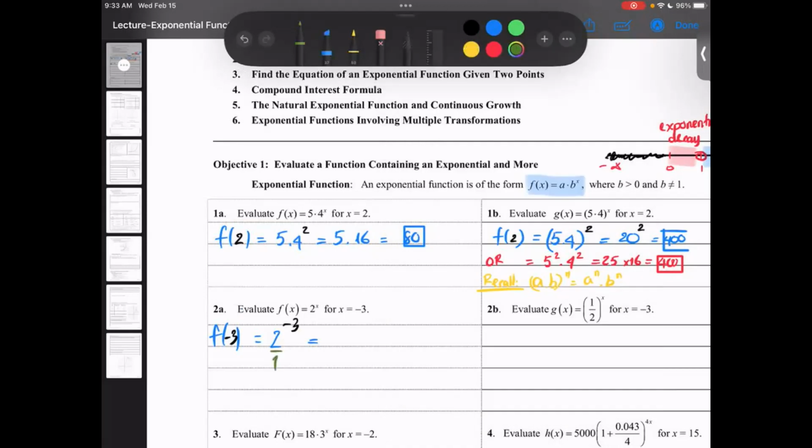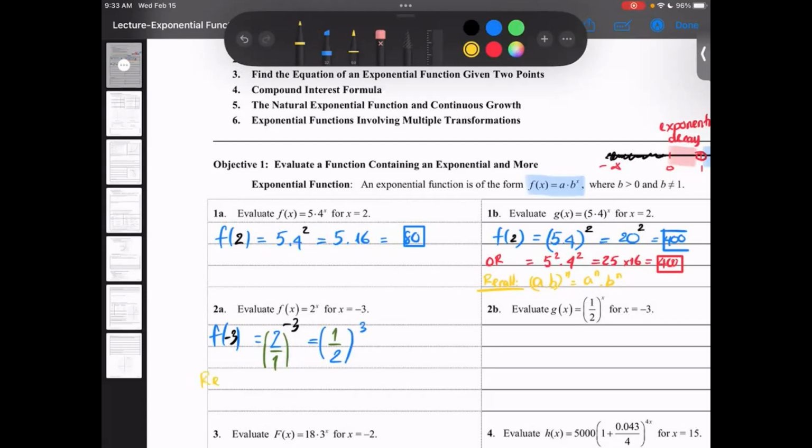You want to get rid of the negative exponent, so what do you do? You flip, right? So it becomes 1 over 2, and now the exponent becomes positive 3. There's a rule, let me recall it again.